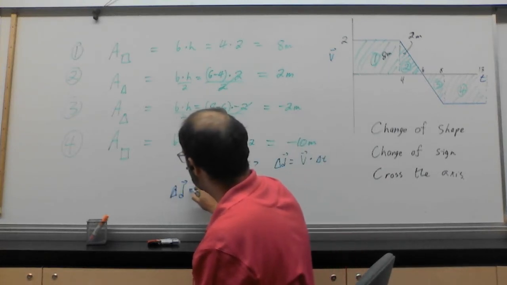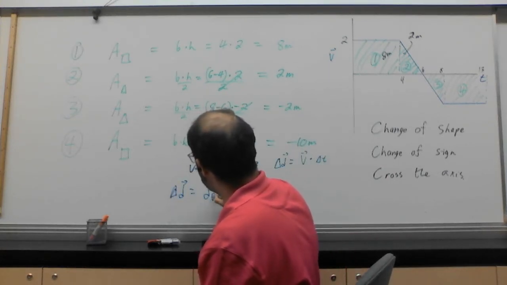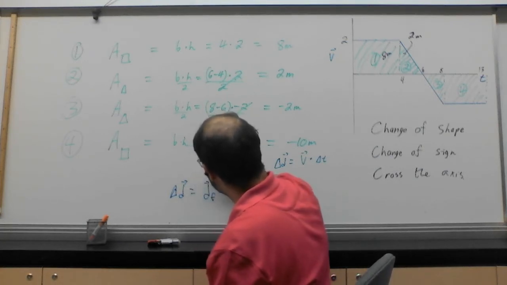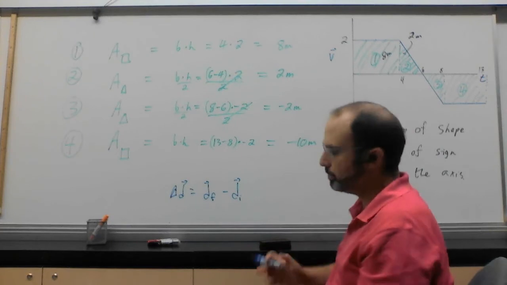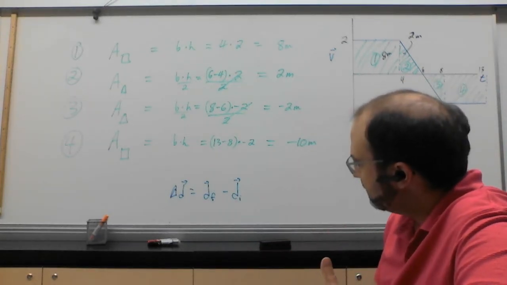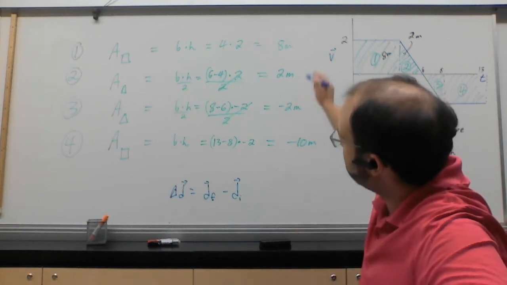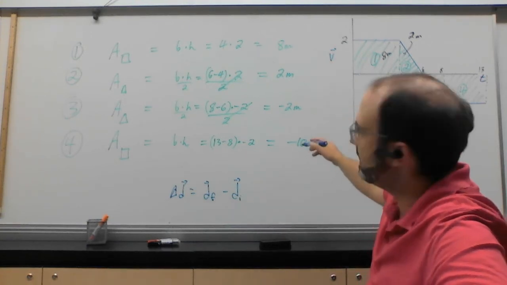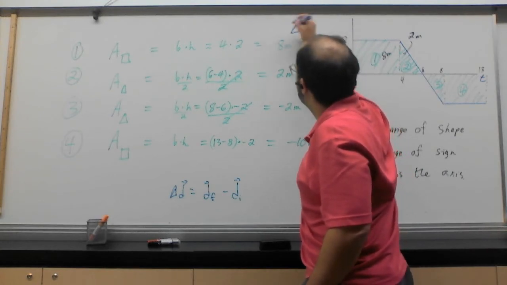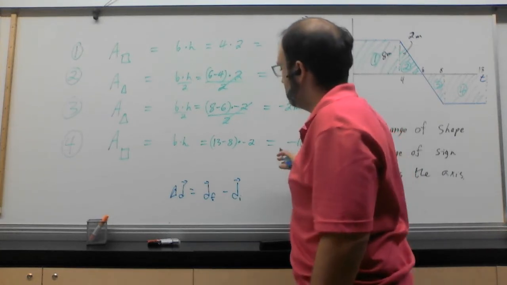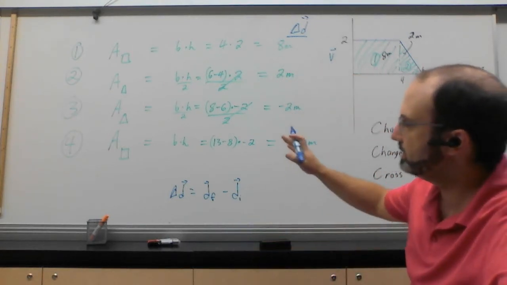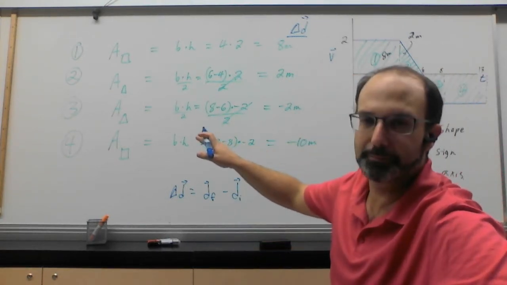Displacement is position final minus position initial. Let's clear some space. So if we put all of that together, what are we going to get? Well, all of these numbers that I've calculated down the side here, all of these are delta D. But I just asked you, what is my final position at the end of segment 3?